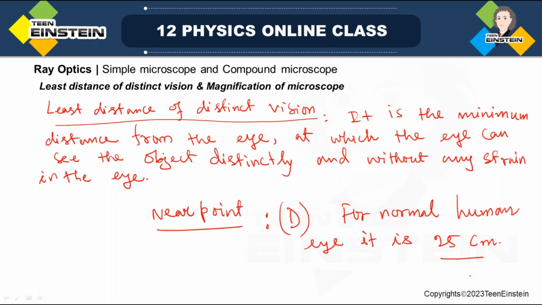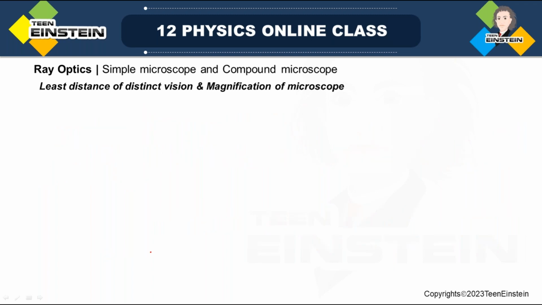Okay, all right, so this is actually least distance of distinct vision. So when we say that and denote that by D, you should understand this is 25 centimeter for normal eye. Okay, all right, so I'll just erase this.